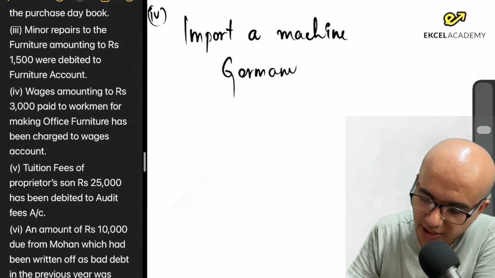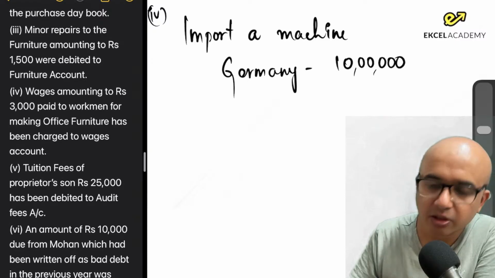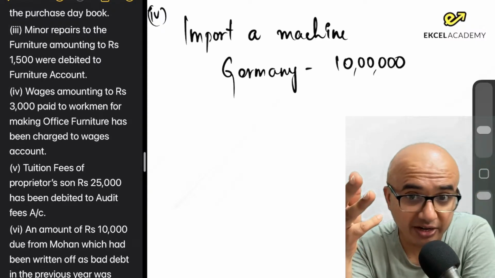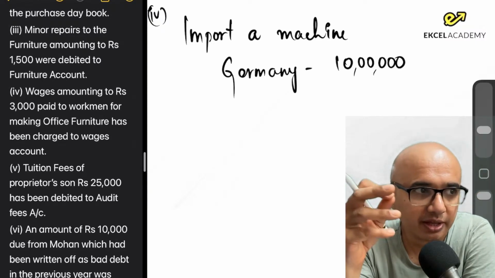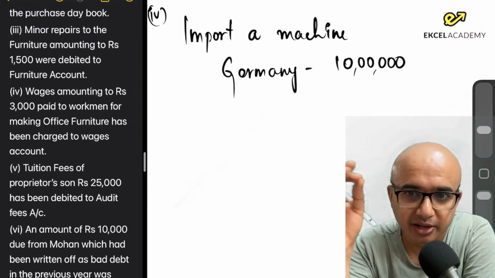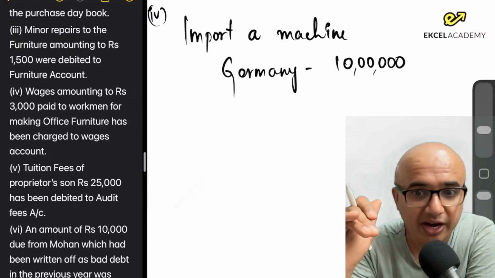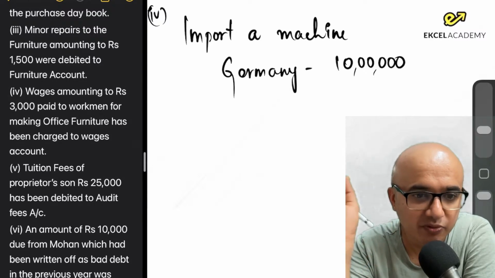And this machine costs 10 lakhs. But the problem with this is no one in your factory knows how to operate this machine. They do not know the ABC of this machine. So without knowing, they won't be able to operate. And without anyone in your factory knowing how to operate, this machine is as good as useless. It's like a piece of furniture.